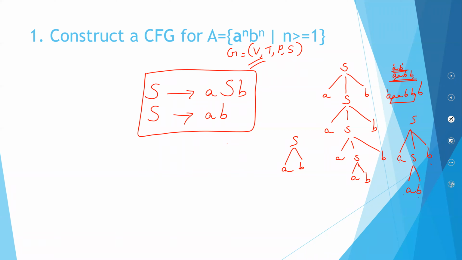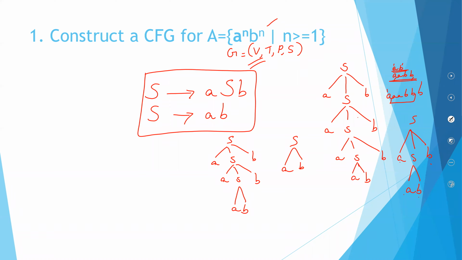You can go S is ASB, S is again ASB, and then AB. So on. Think of any string which comes under this particular language, this grammar works perfectly fine. This is one way. Try imagining a parse tree, and then you can come back, or the other way around.